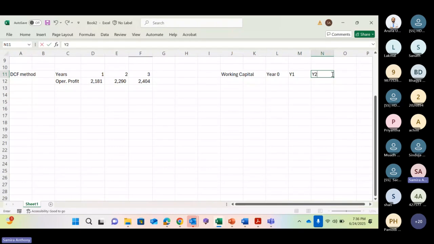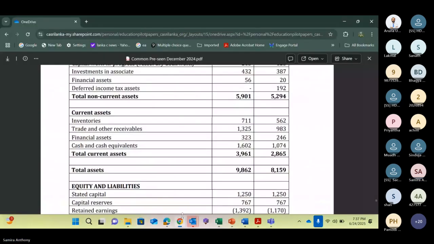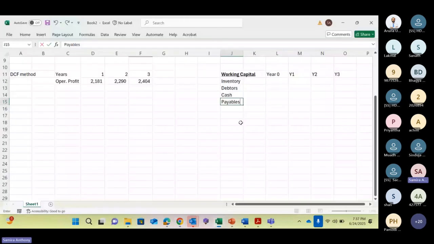How much we have in inventory, debtors, and cash. And we have to take payables. Let's take it from the balance sheet. 7111325. Cash balance 1602.